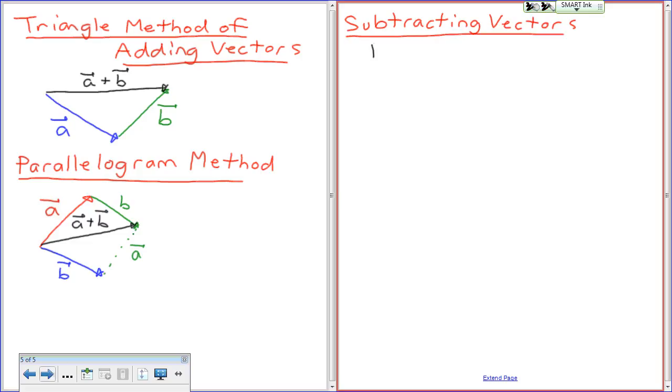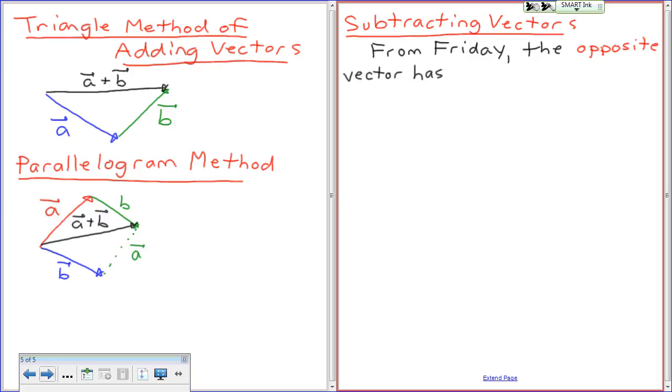We're going to say from Friday, the opposite vector has what? Teresa, I'm going to let you use your memory or your notes. What is an opposite vector? Remember we talked about that from Friday?